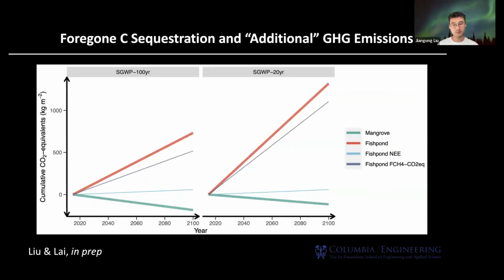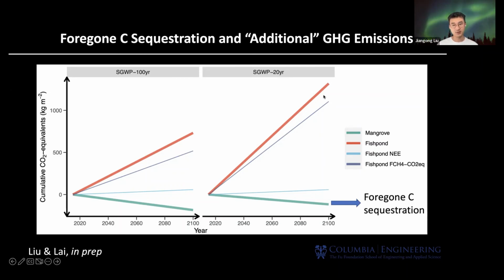We put both the CO2 fluxes and methane fluxes, converting methane fluxes to CO2 equivalents, in this figure. For this blue line, sometimes mangrove is converted to other land uses or land covers, and we call the loss of this opportunity for carbon sequestration the foregone carbon sequestration.